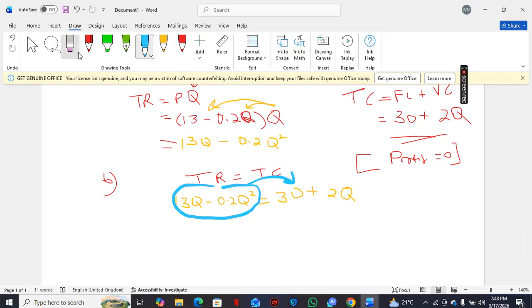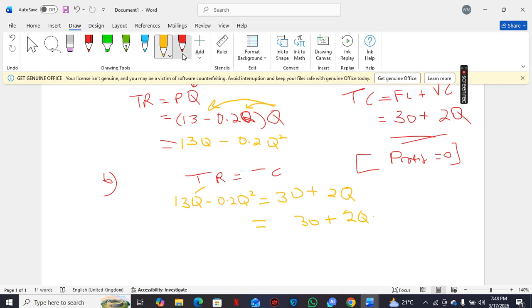So, this is how we're going to do it. 13Q, when we take it over this side, we have 30 plus 2Q. When we take this 13Q over this side, it becomes a negative. So you have minus 13Q.